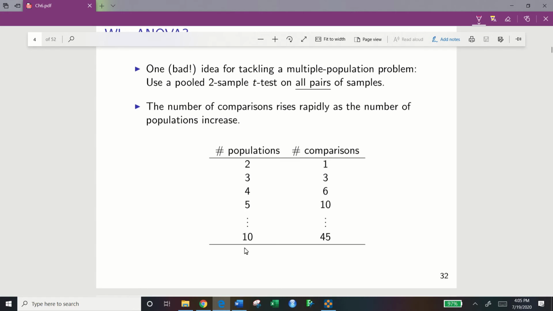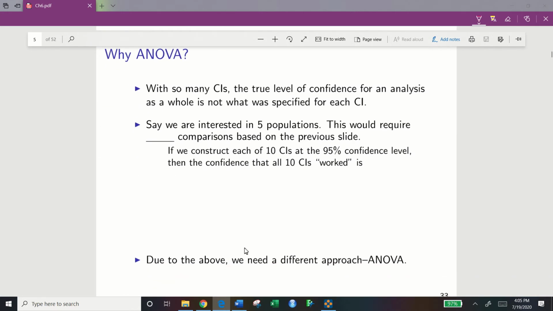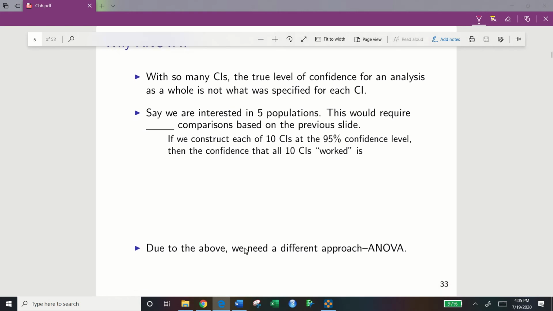That's going to take a lot of time, and in statistics and in the real world, time is money. Unfortunately, there's even a further reason why we don't want to do this. The main issue is that when we have so many confidence intervals and hypothesis tests, our true level of confidence really goes down. It doesn't stay consistent. We may have constructed a whole bunch of 95% confidence intervals, but that doesn't mean all of them together are 95% confident. Say we're interested in 5 populations. This would require 10 comparisons, which we can see in our previous slide.